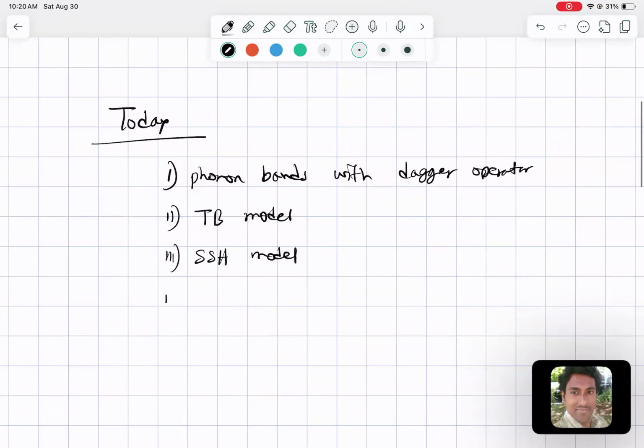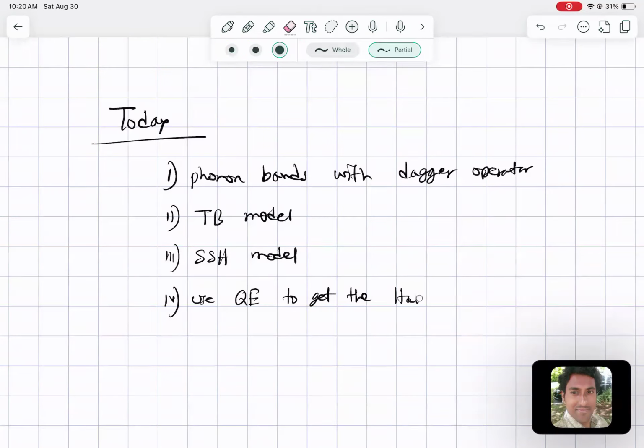And then I'll try to use QE to get the Hamiltonian and bands.